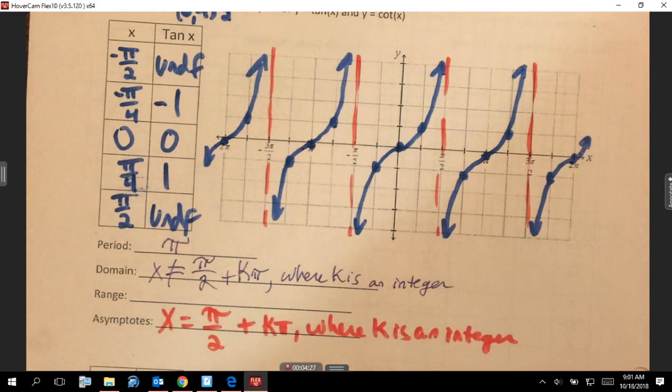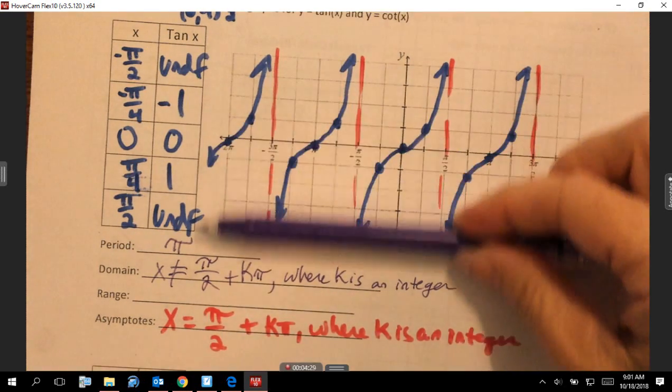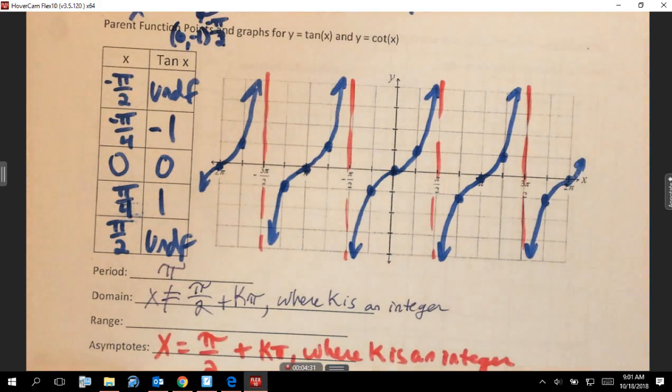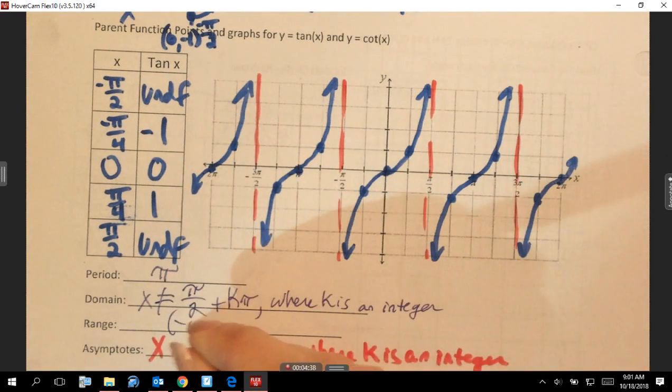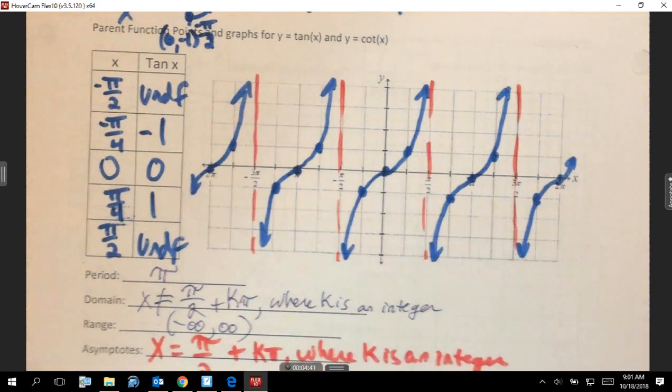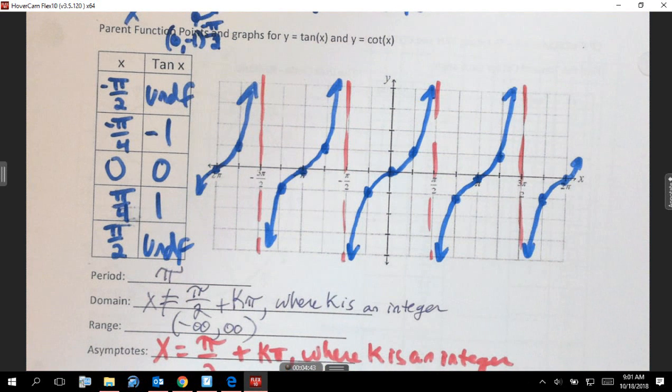And then the range, how far down and how far up does it go? Do we jump over any numbers? So then, negative infinity to positive infinity. Excellent.